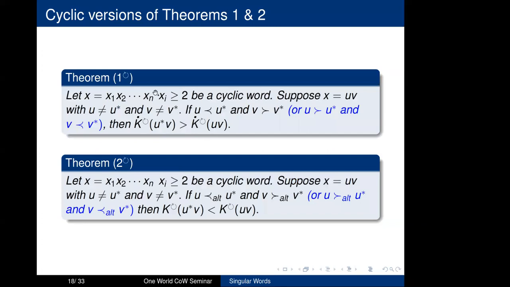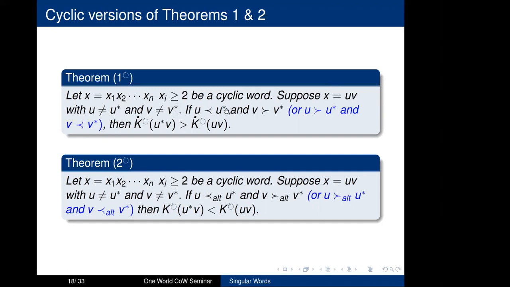We were able to prove analogs of theorem 1 and theorem 2 that I mentioned earlier for cyclic words. This is a little bit simpler because you just consider factoring a cyclic word into two pieces, u v, there's no w. So you consider all factorizations of x as u times v where neither u nor v are palindromes. Again, you can compare u and u star, v and v star.